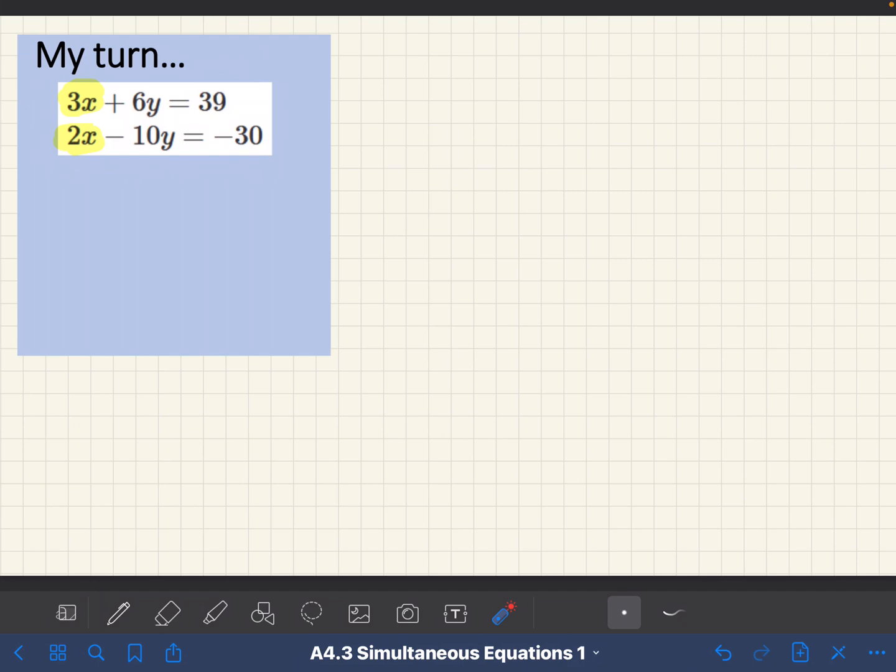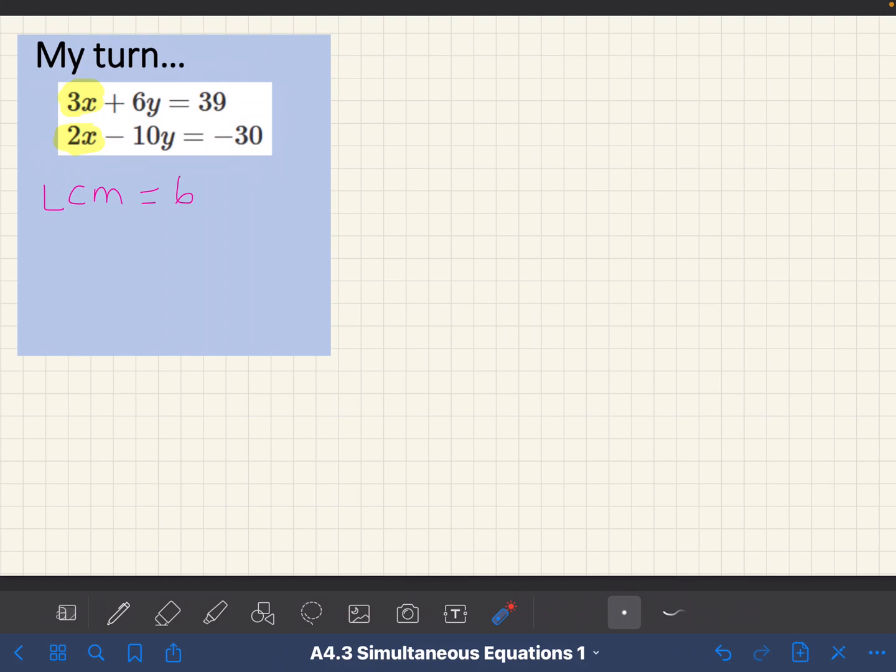So we look to do this by finding the lowest common multiple of these x values. So what number does 2 and 3 both go into? You should be able to remember that the lowest common multiple of 3 and 2 is 6.